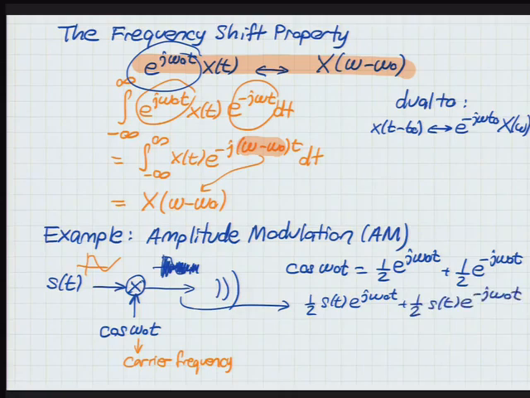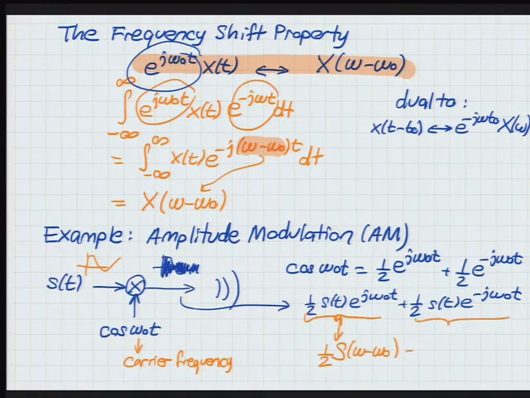So tell me please what the Fourier transform of this first term is. It's written at the top. There's a 1/2 that I have to live with, that's fine. Big S of omega minus omega naught, right? What about the second term?